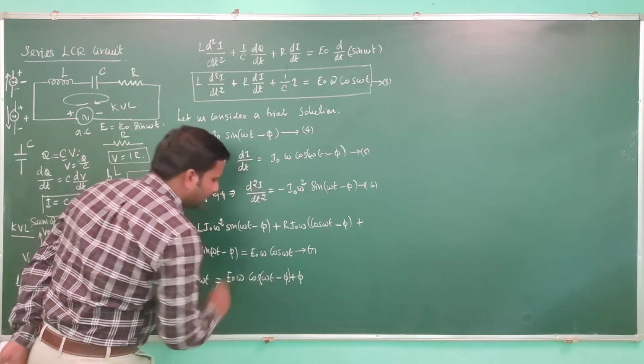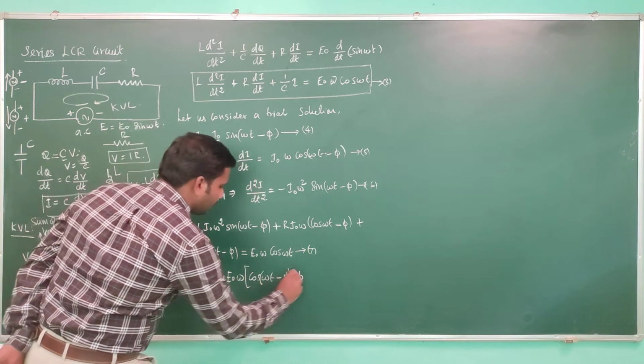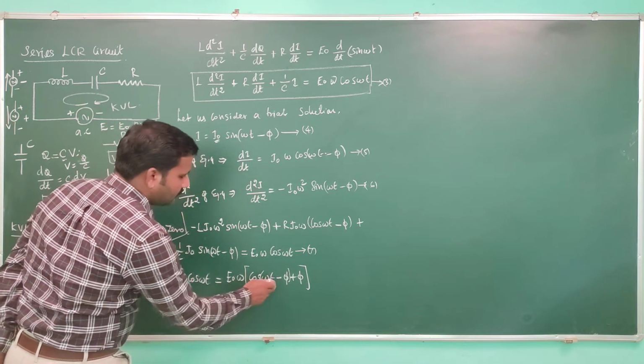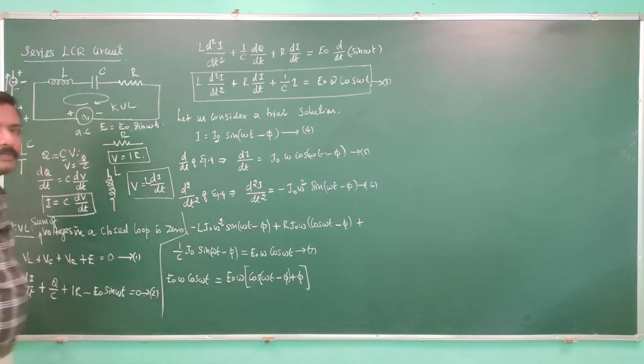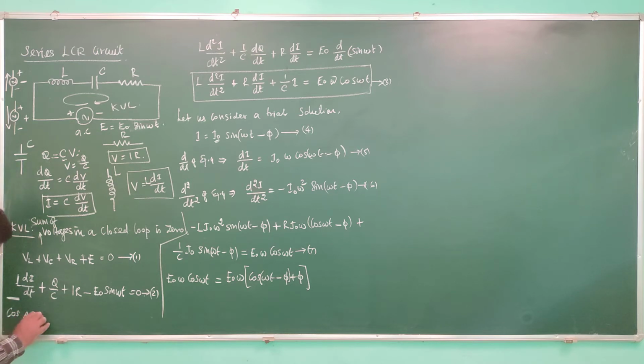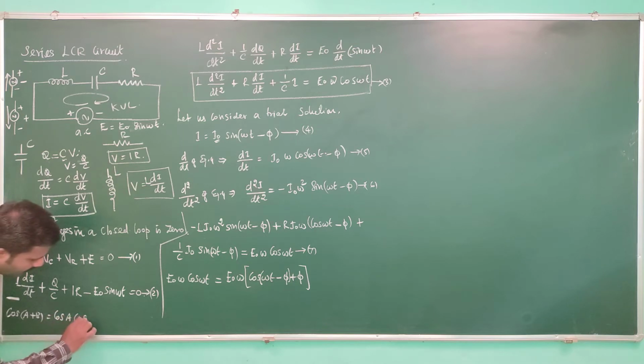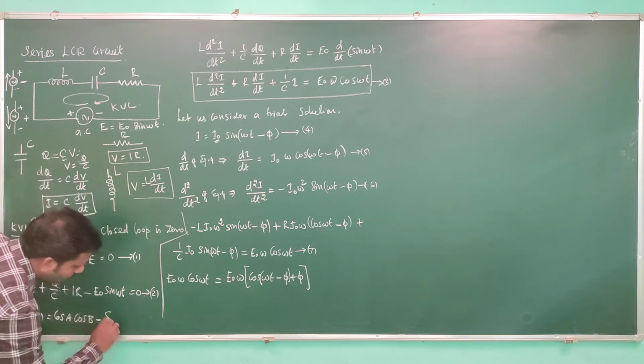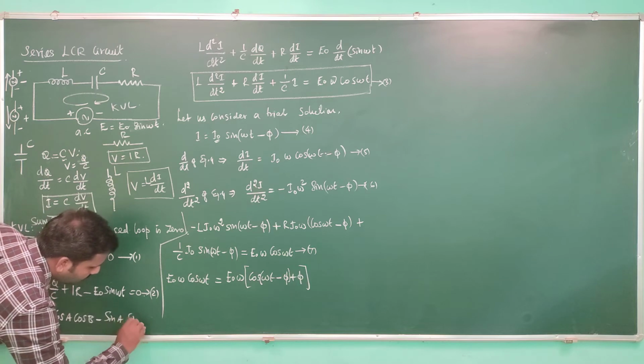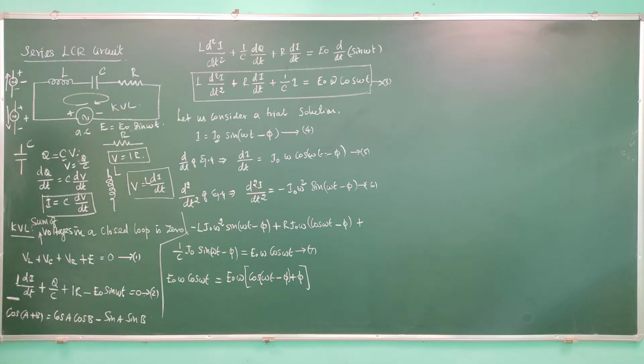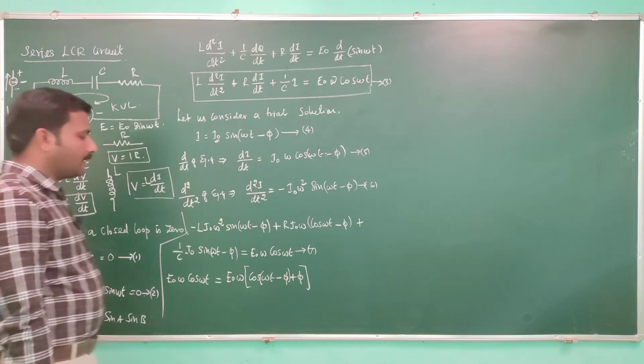Now let us combine like this: it became the form cos(A plus B), which is equal to cos A cos B minus sin A sin B.